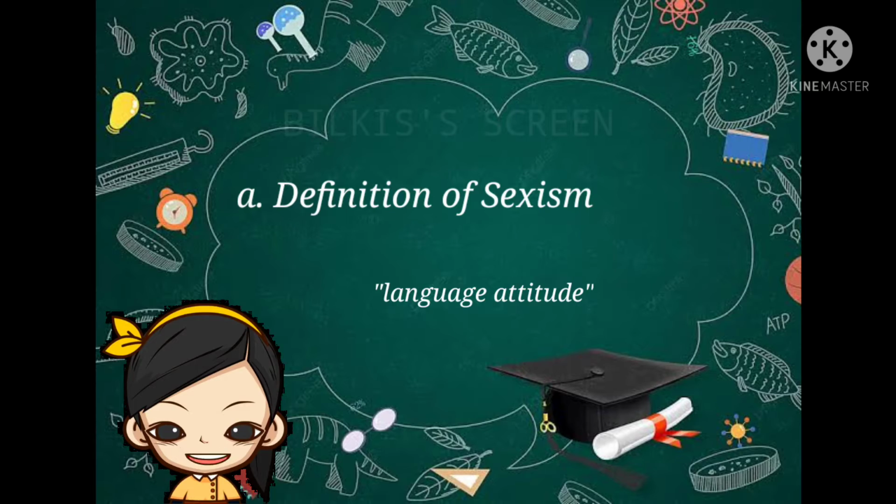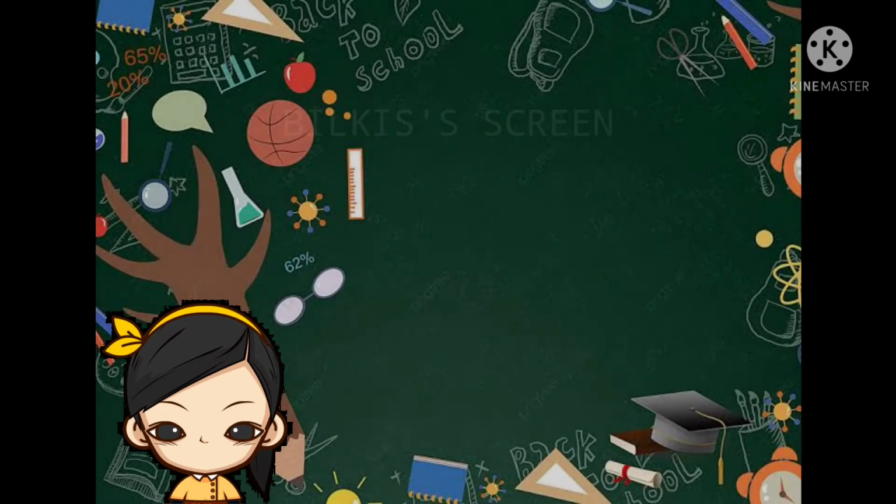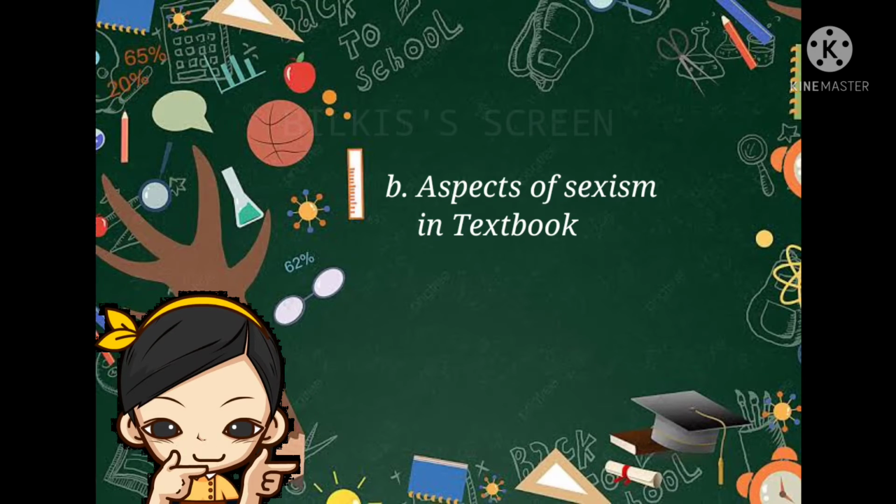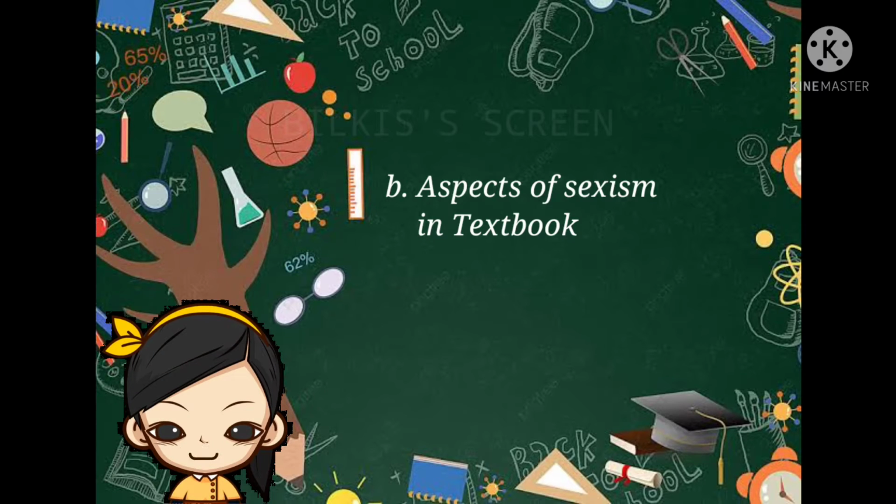The second is aspects of sexism in textbooks. There are three aspects. The first, one of the most analyzed aspects of sexism, is generic he, or also called masculine generic constructions.